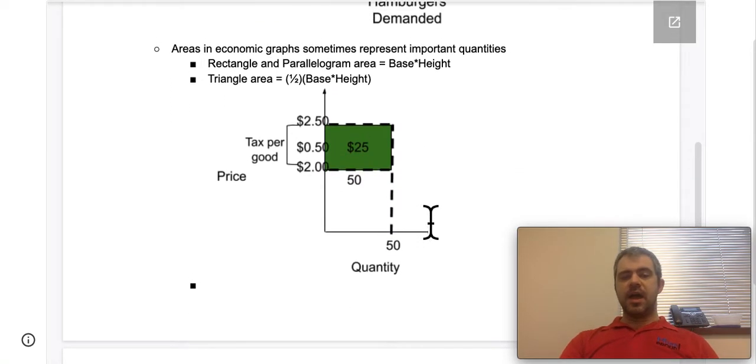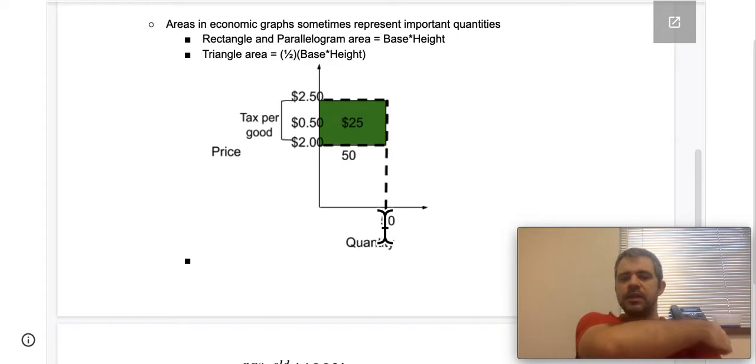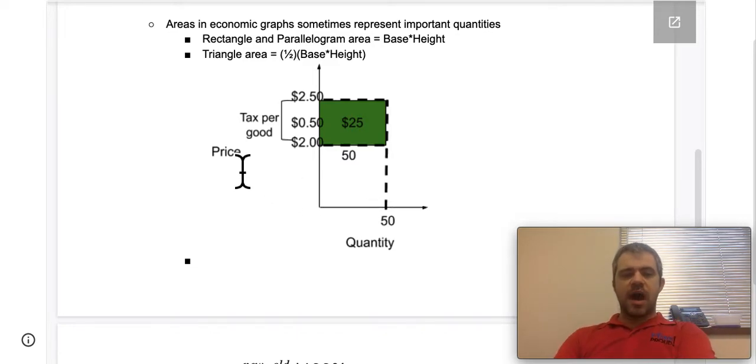All right. Sometimes we can see important quantities on these graphs. So let me give you an example. Let's say that I have this price and quantity, okay? And we can basically figure out how much revenue they get.